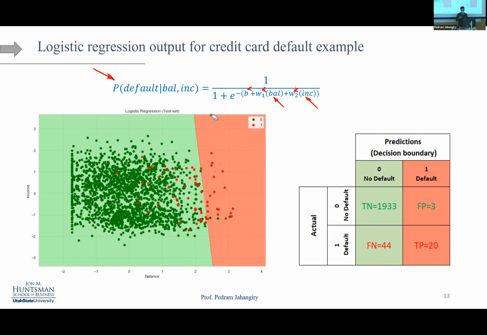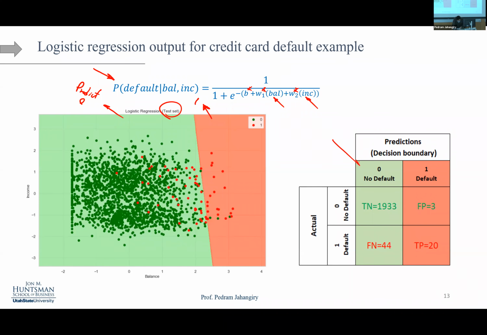So let's see what the model is doing. The background colors are the predictions, the model making those classifications. By the way, this is a test set. If the background is green, the model is predicting 0, or not default. If the background is red, the model is predicting 1.